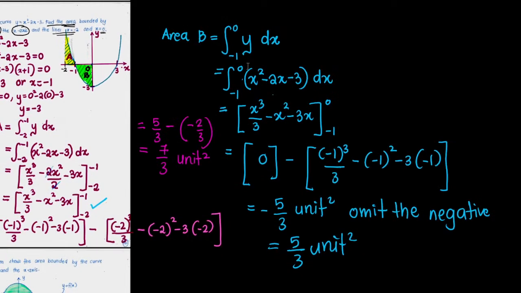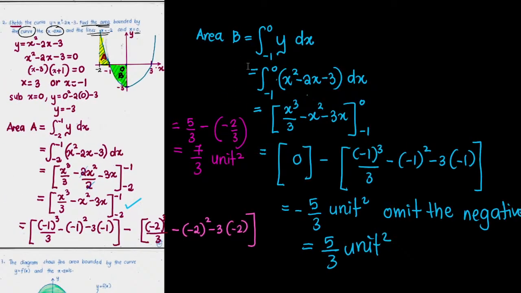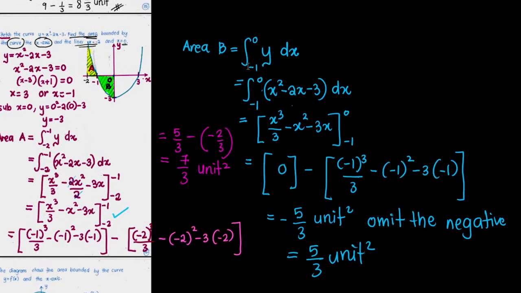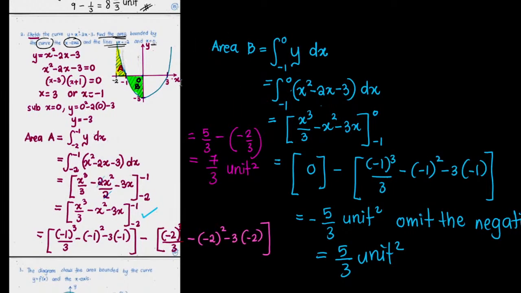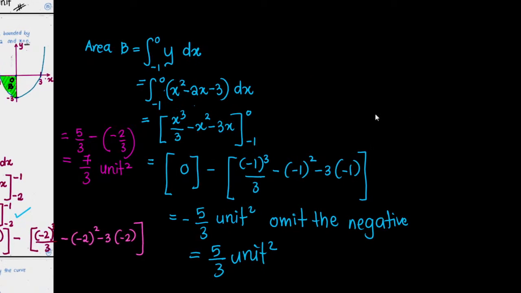This only applies for area. Areas cannot be negative usually. So now we're going to find the area for both A and B. The last step, you find the total area.